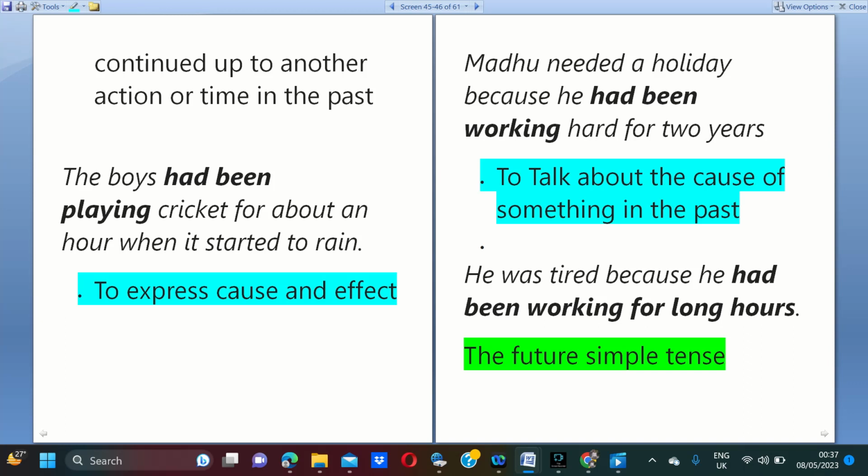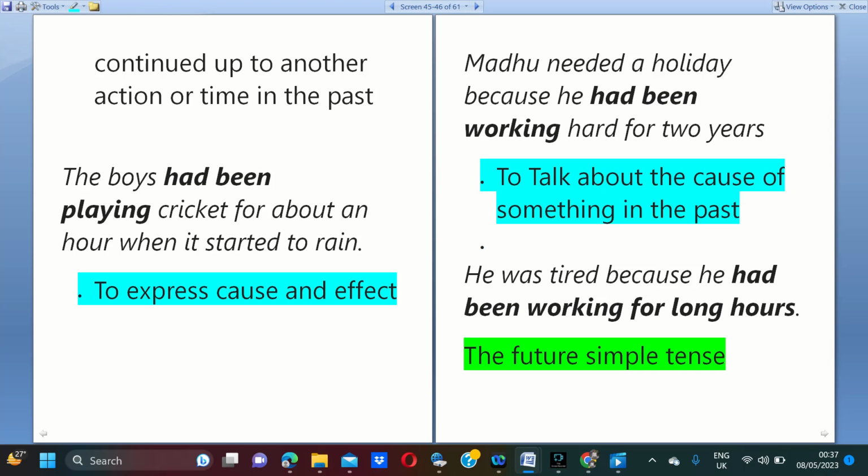That evening, by the time of the ending of the match, it started to rain.